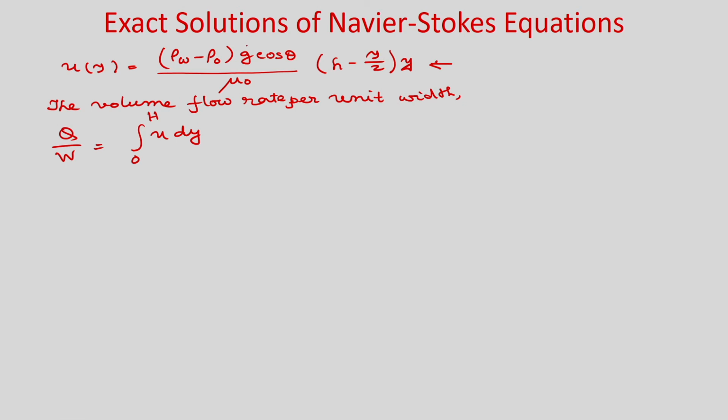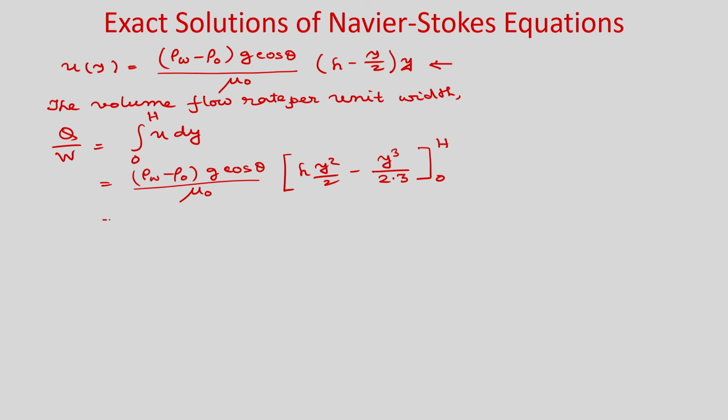So, you can see these are constants, so you can take them outside the integral. So, (rho w minus rho o) g cos theta by mu o, and if you put the integration, it will be h y square by 2 minus y cube by 3. Okay. And limits 0 to h.